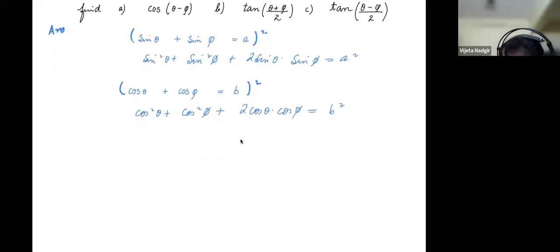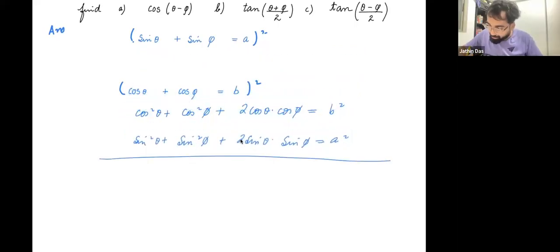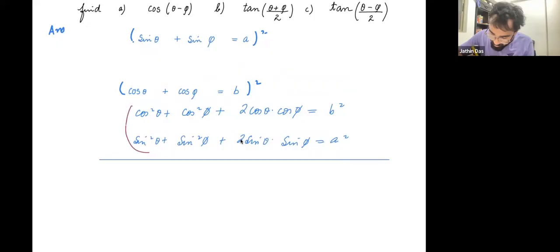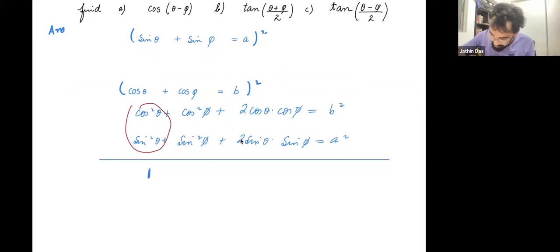When you add it up, this whole term will become 1 plus 1, and here you can take 2 common, it will be cos theta minus phi.